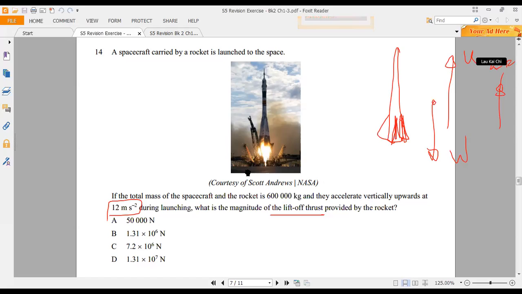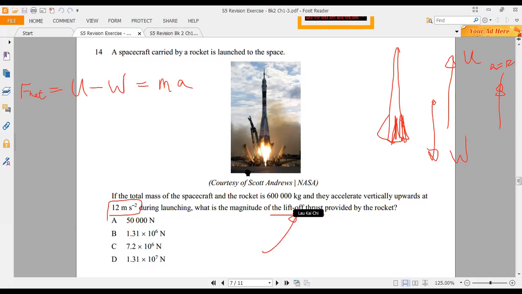What we can do is again, net force equal to MA. Net force should be upward force minus downward force. So U minus W equal to MA. So we're looking for this value, right?